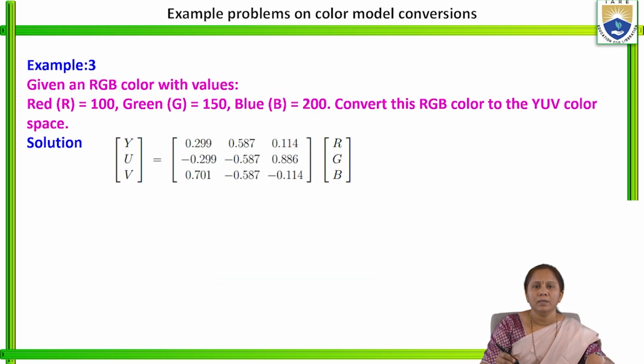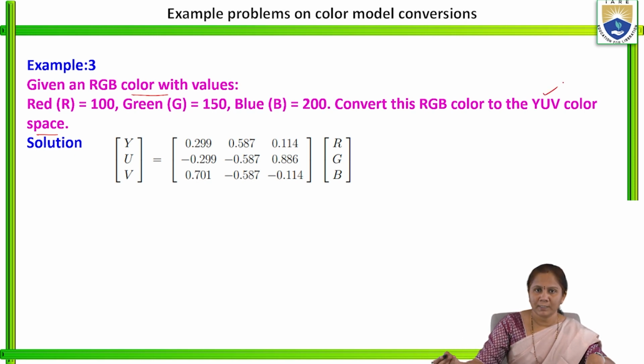The next example: RGB colors are given, that is 100, 150 and 200. We have to convert these given RGB colors to the YUV color space. In the previous session, we saw the formulas to convert RGB to YUV.